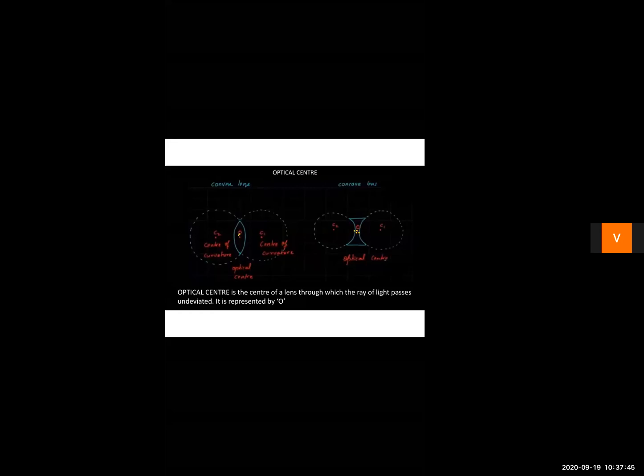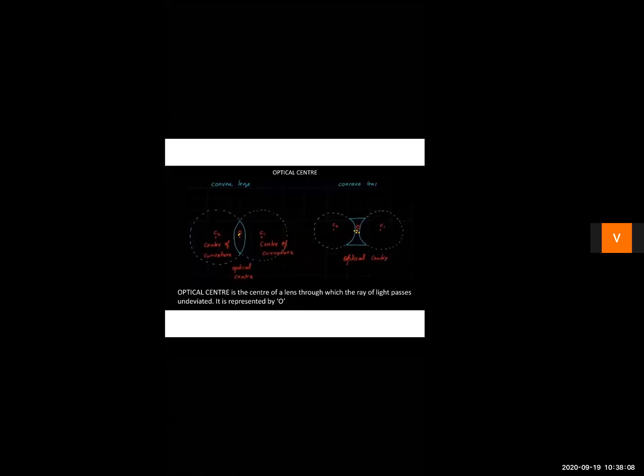It won't get deviated. No refraction, nothing, right? So optical center, what it is: the center of a lens. First point, it is the center of the lens. Second, if any incident ray passes through this point, right, then it passes undeviated.